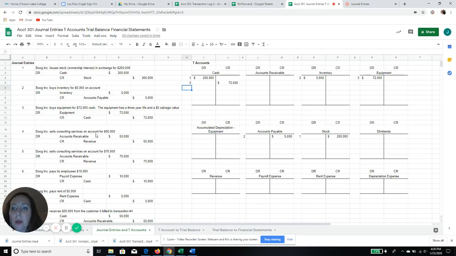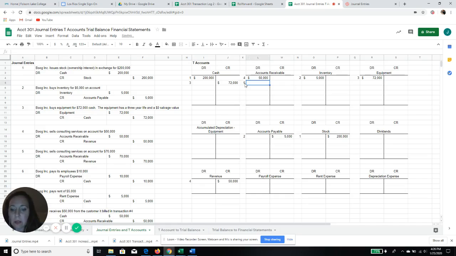Number 4, we're going to sell consulting services, debit accounts receivable, credit revenue. So transaction 4 gives us a debit in the accounts receivable line item, and it will give us a credit in revenue. Transaction 5, we're going to do the same thing. We're going to debit accounts receivable and credit revenue, this time for $70,000.